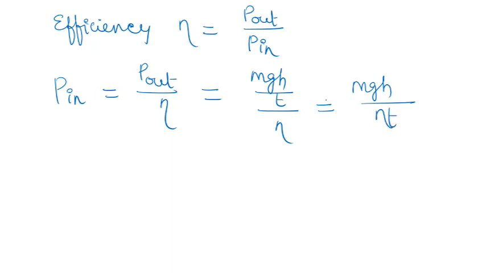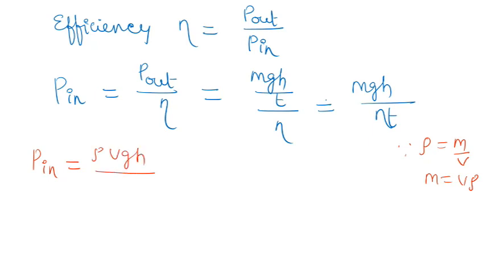Now since rho is equal to mass per unit volume, this m can be written as V into rho. So P in is equal to rho V g h by eta into t.